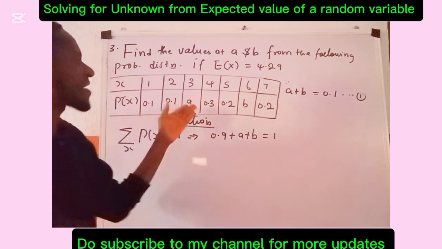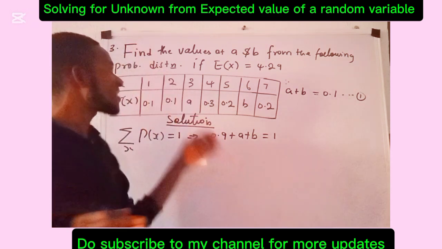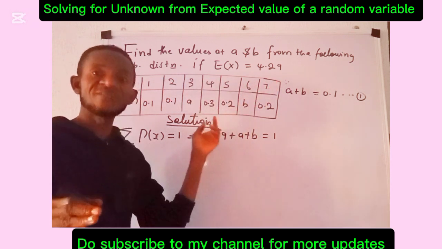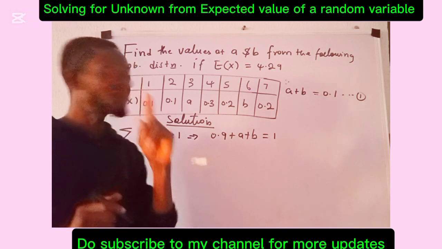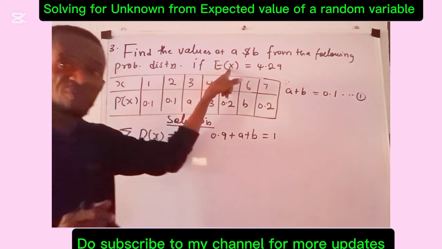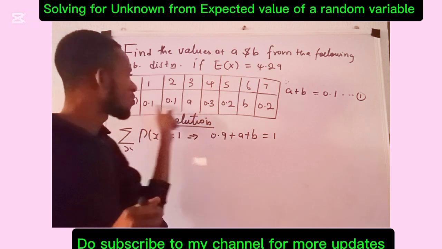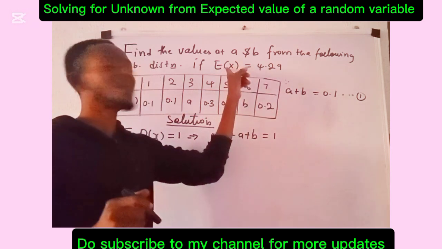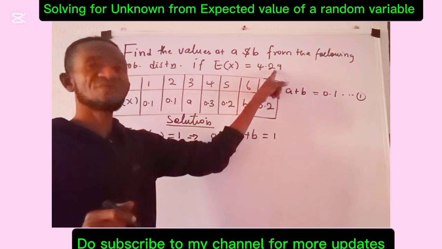So I will now come back and look for another thing that connects the values of a random variable and their corresponding probabilities, which of course is the expected value. And that's why they gave me this information. I have been able to evaluate this one using the property of PMF. Here I will now look at the information they gave me, that the expected value is given as this.